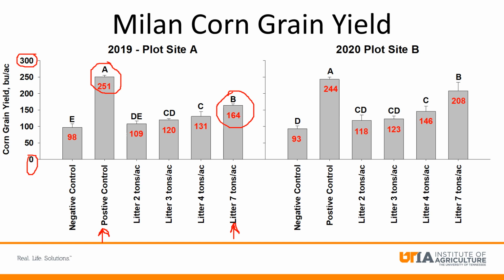And we did see these results repeated both in 2019 and then again at a different site location in 2020. Again, just emphasizing the fact that not all of the nitrogen in litter will be crop available in the year that the litter is land applied.